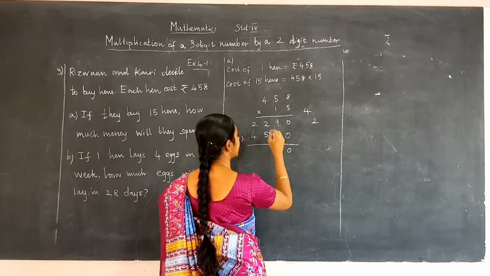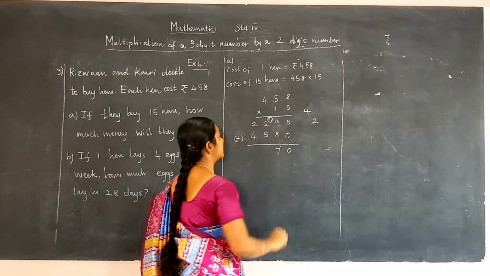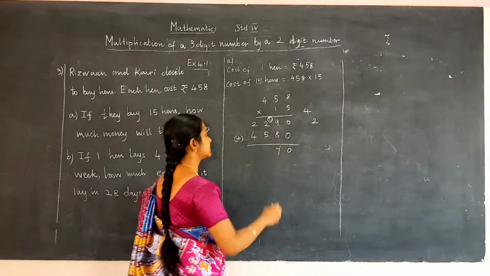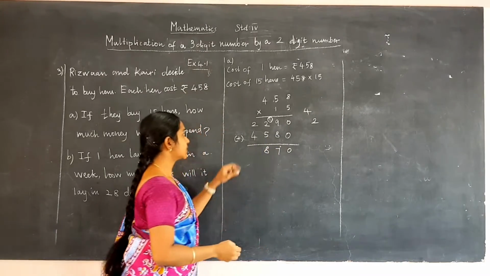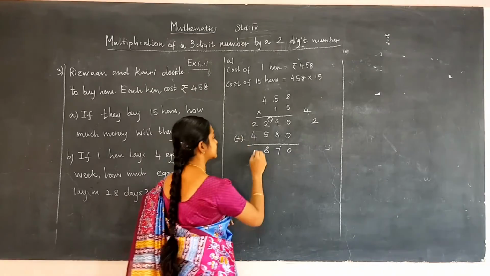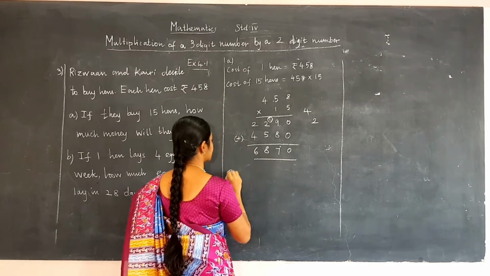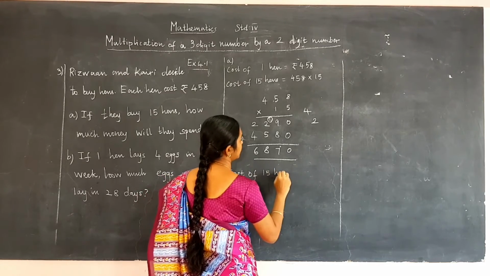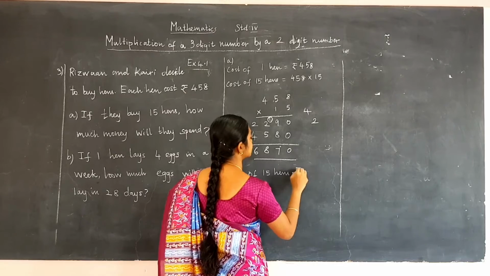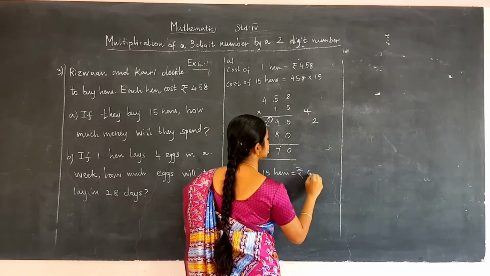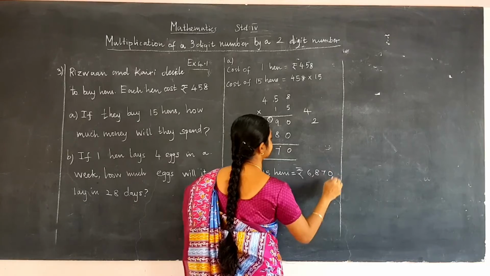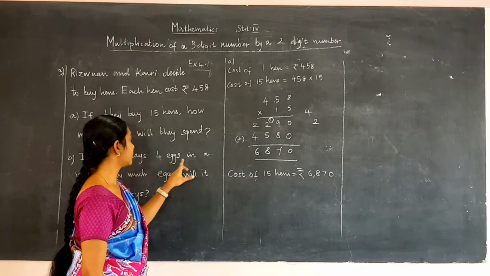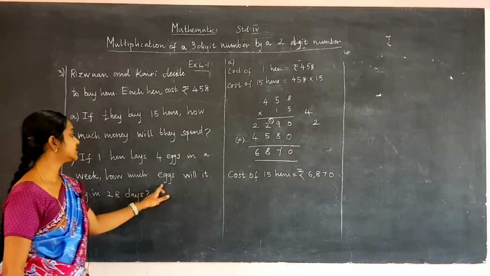So write 7 here and carry 1 to the next place. 2 plus 1 is 3. 3 plus 5 is 8. 2 plus 4 is 6. So the cost of 15 hens is rupees 6,870.